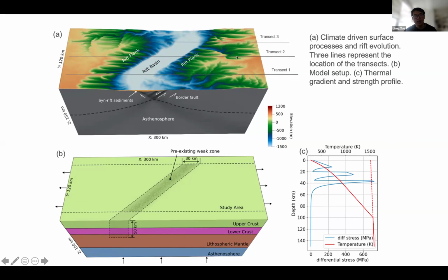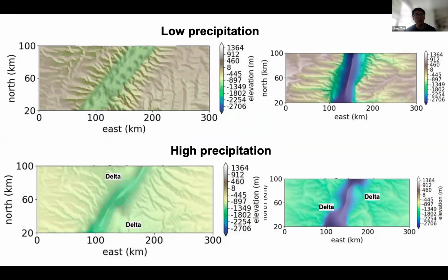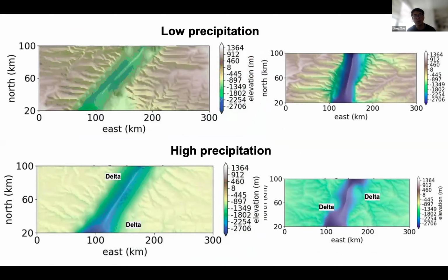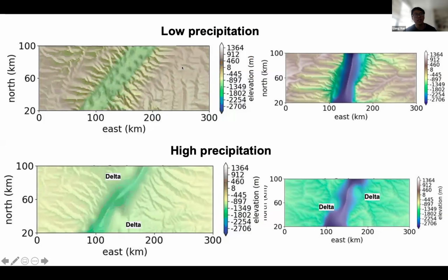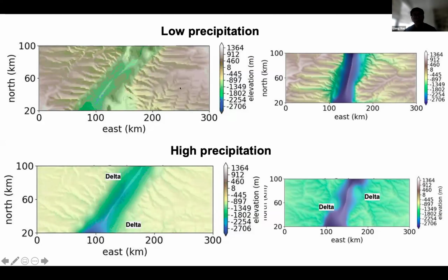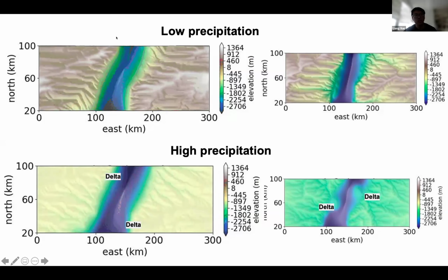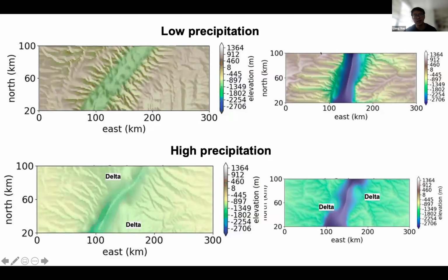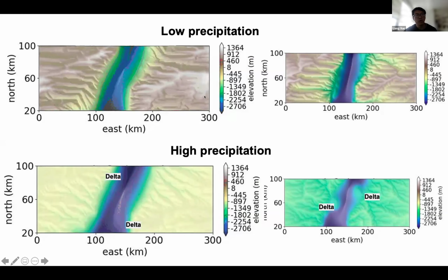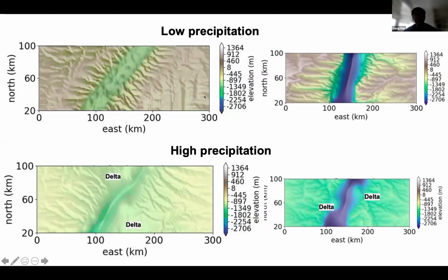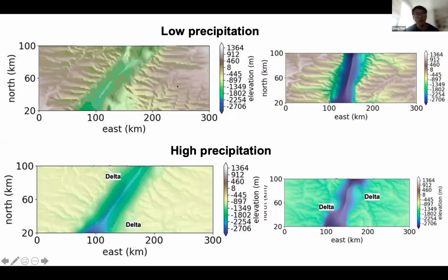Now let's look at the first part of the result, which is topography and local relief. In the low precipitation scenario, we can see a well-defined drainage divide, which is right here. At the last step of the model, there is relatively higher local relief and a deeper rift basin.